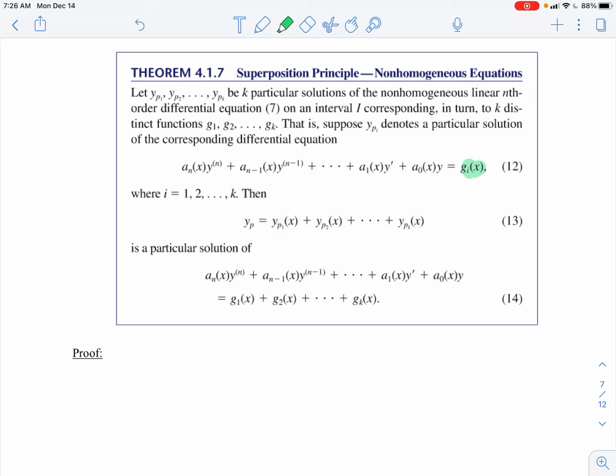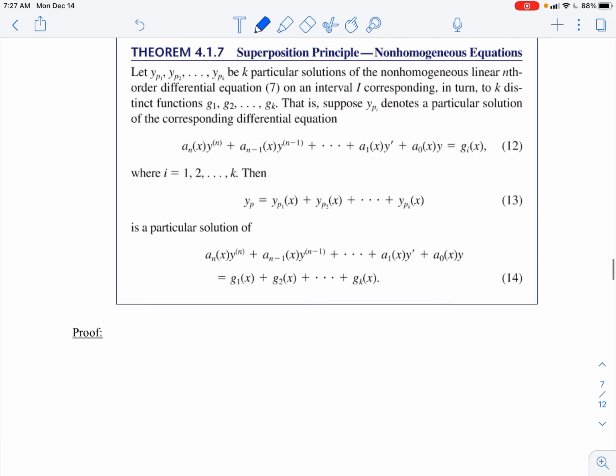So if we have particular solutions to a combination of a bunch of functions in our differential equation, we're able to write our particular solution as the sum of all those particular solutions. Let's talk about what that means, and I'll give you an example. It's probably easier to see through the example than me just explaining everything.